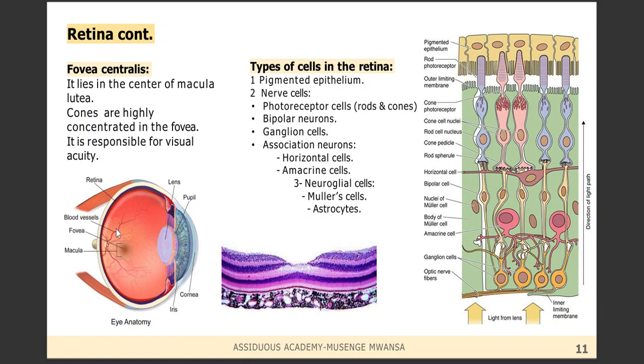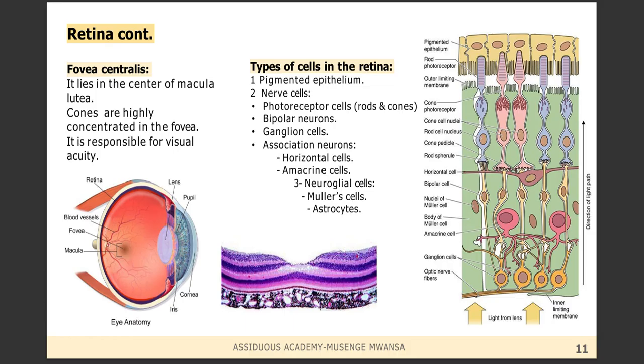At the back of the retina, you are going to have an area known as the fovea centralis. Fovea centralis lies in the center of what we call the macula lutea. Lutea just means yellow, so we have a yellow layer at the back there. The center of that macula lutea is the fovea centralis. This part contains the highest number of cones, and it is responsible for visual acuity.